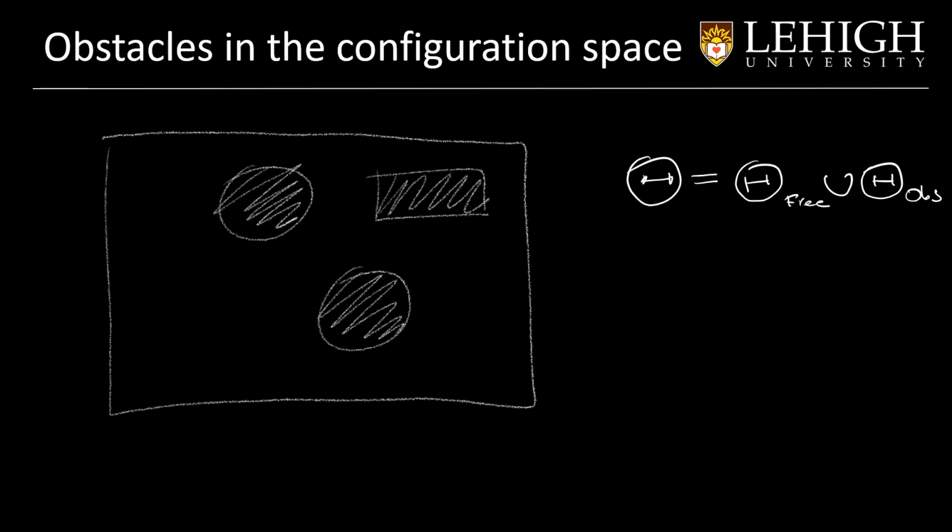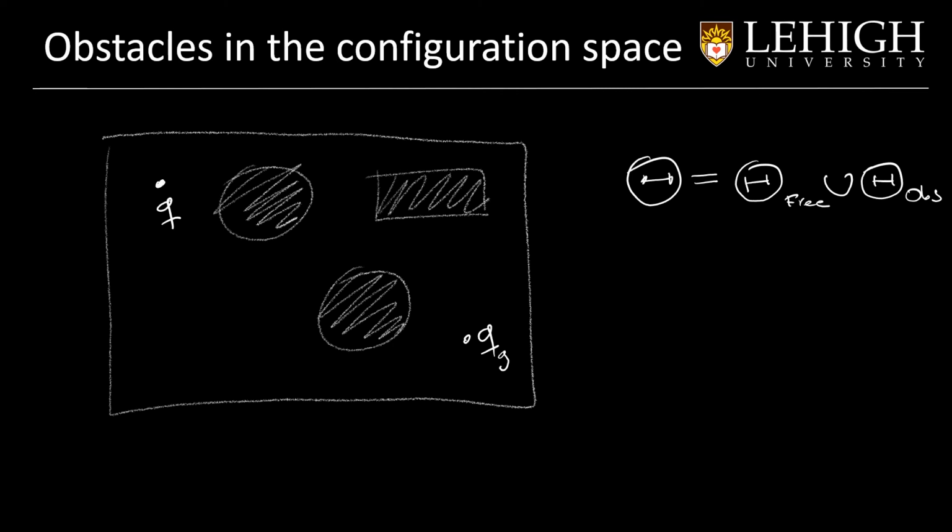Okay, so this subset of the configuration space will create holes in our configuration space, so it will make it difficult for the robot to go from a point in the configuration space to a goal.